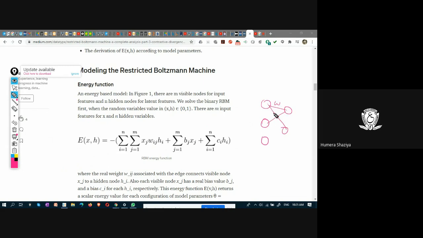Here you have weight W. Total number of h is M, j equal to 1 to M, and total number of x, i equal to 1 to N. Sorry, this M is with respect to input, N is with respect to hidden nodes.